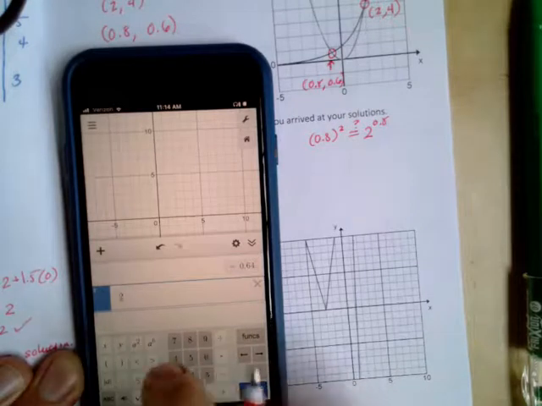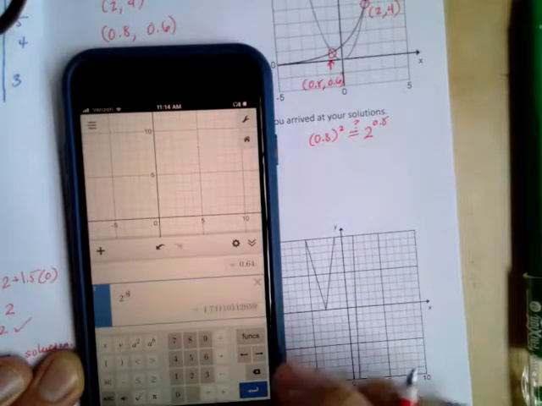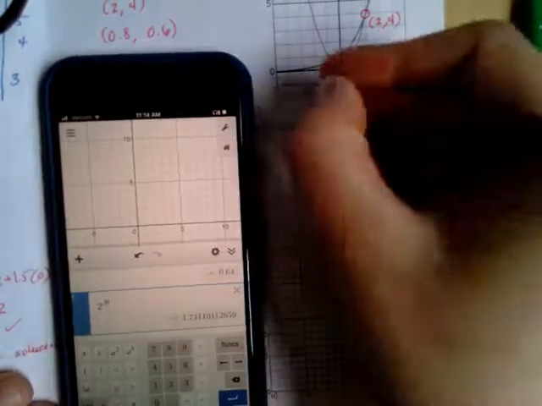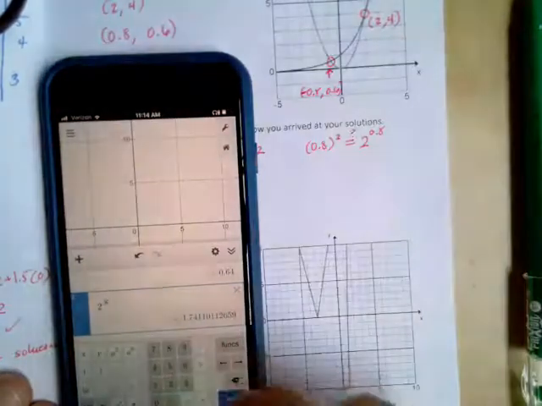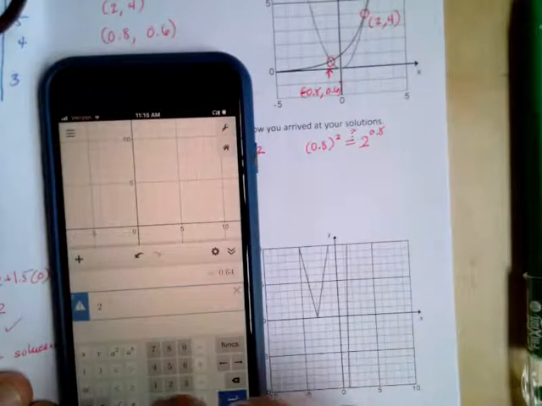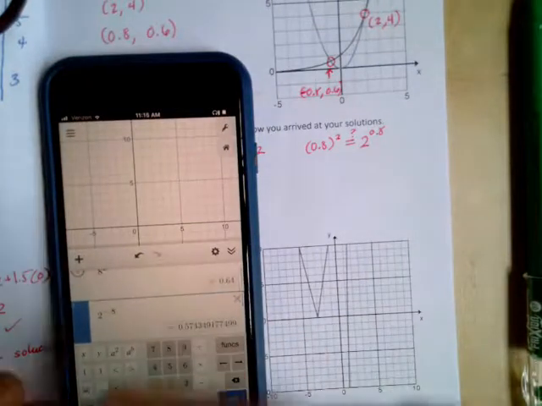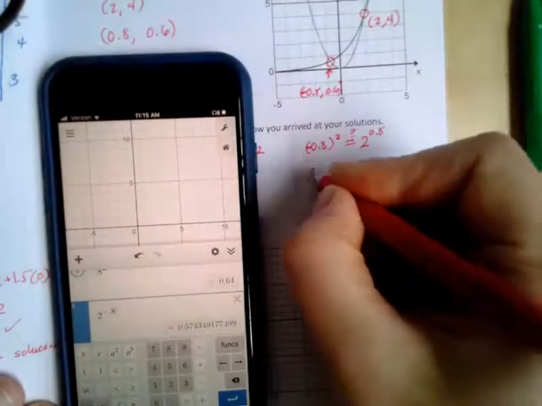And they're actually fairly far from each other, except I forgot this is negative. So let's try that again. Negative 0.8. So this right here is about 0.64, and this right here is about 0.57.